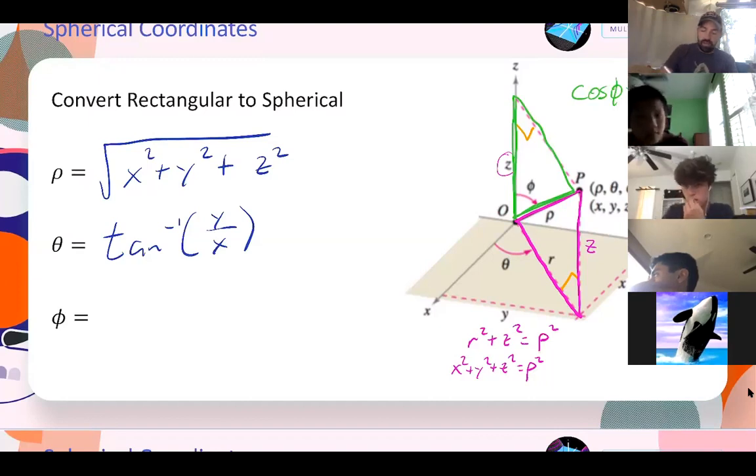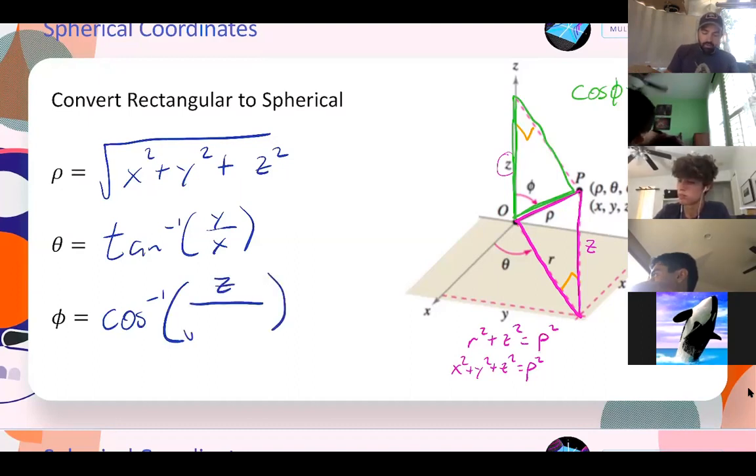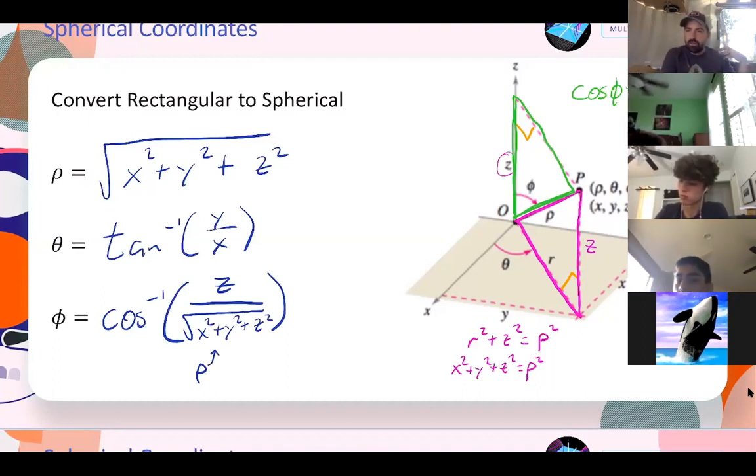And so if I want to find phi itself, I'm just going to do the inverse cosine of z over rho. Only I'm going to use the square root of x squared plus y squared plus z squared for rho, since we're really trying to get a formula where I can plug in x's, y's, and z's and get out the spherical parts.